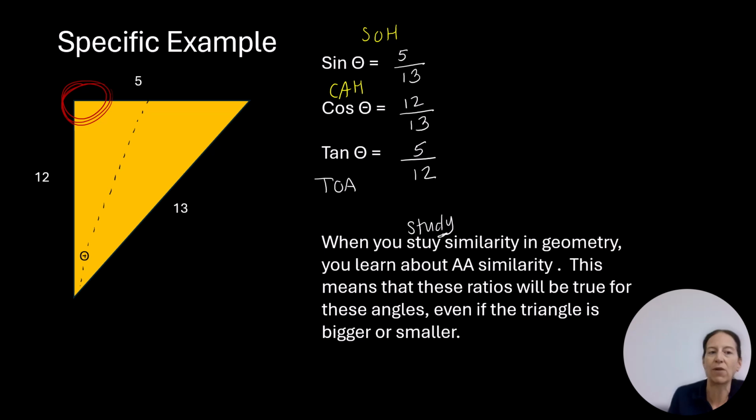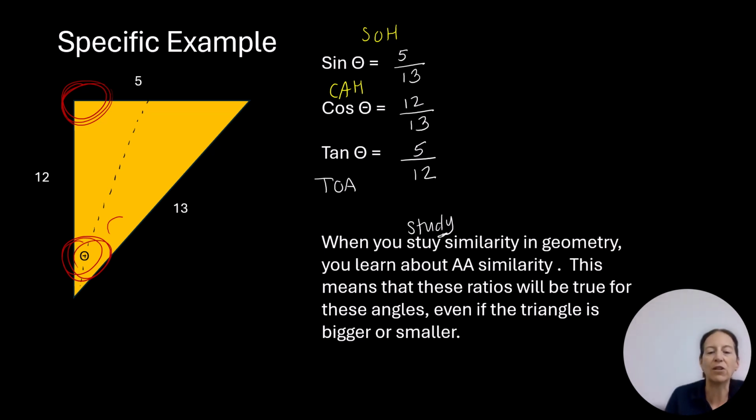So if you have two right triangles, just by virtue of the fact that they are right triangles, means that you share the 90-degree angle. And then if you have the other angle the same, like a 50-degree angle, then those triangles would be similar, and similar triangles always have those same ratios.